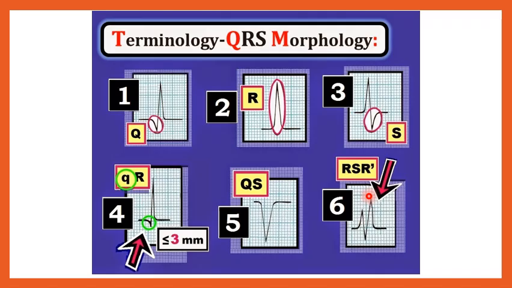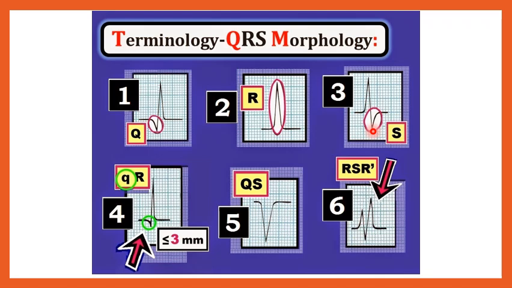And that leads us into my third definition, and that is of the S wave. An S wave is a negative deflection in the QRS complex that follows an R. So that's how you can differentiate it from the Q wave of a QRS.